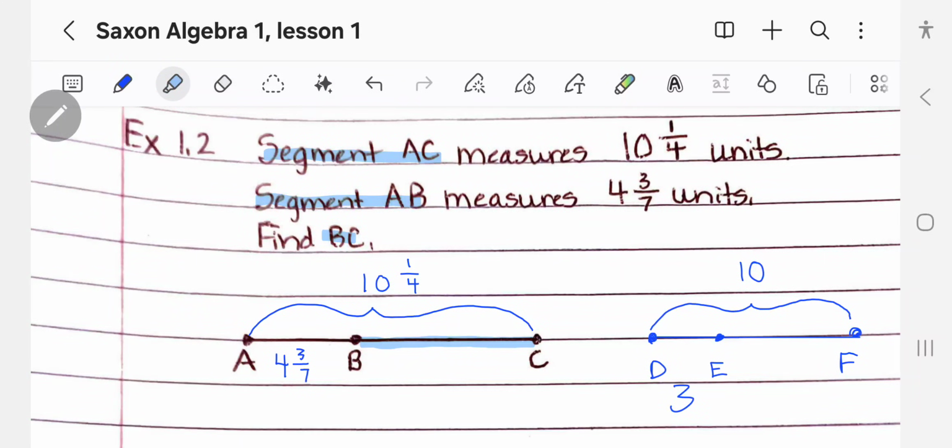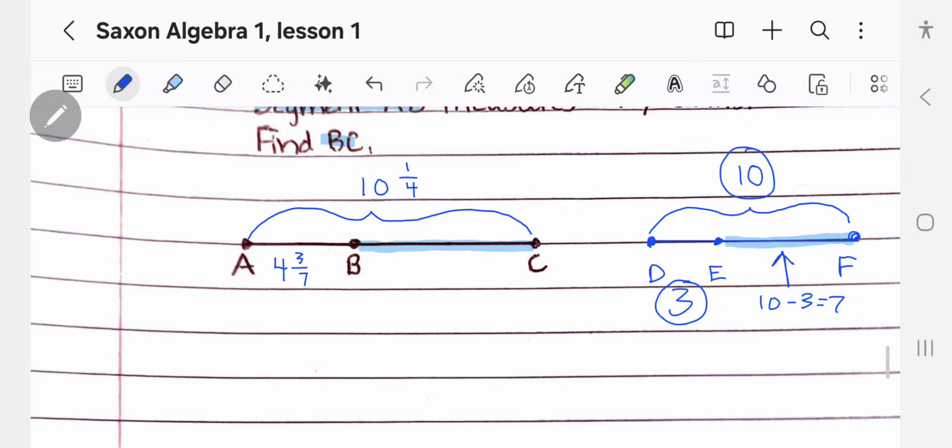If you know the whole thing's 10 and you know that this little piece is 3, could you figure out what this is? Well, we can see that this piece plus this piece has to add up to 10. So another way of saying that is 10 minus this piece, the whole thing minus this piece, would have to equal this piece. So this has got to be 10 minus 3, which is equal to 7.